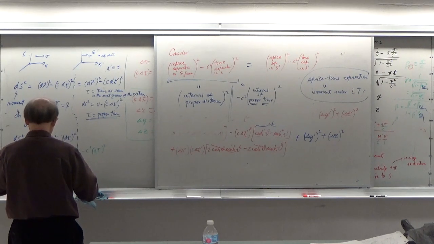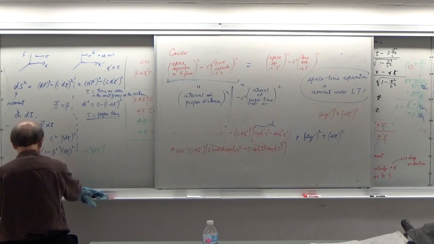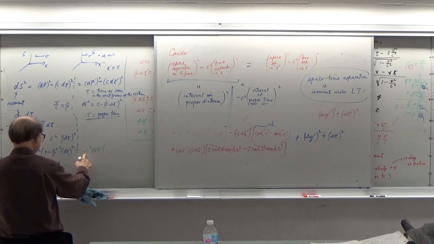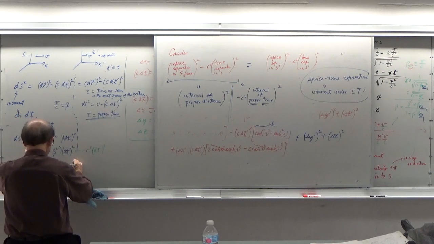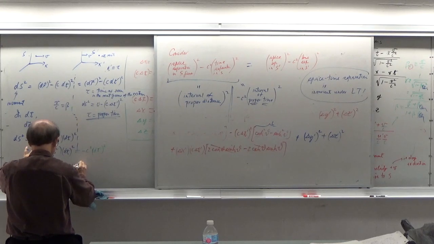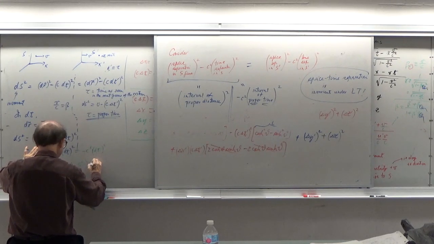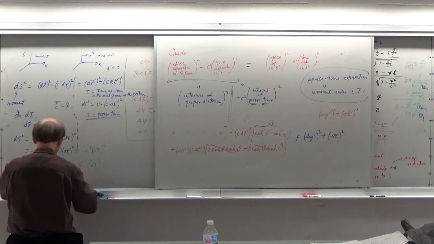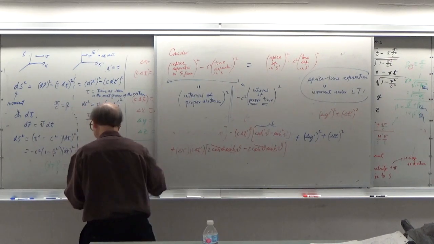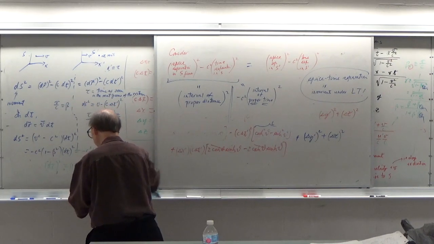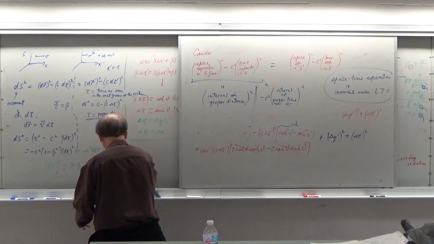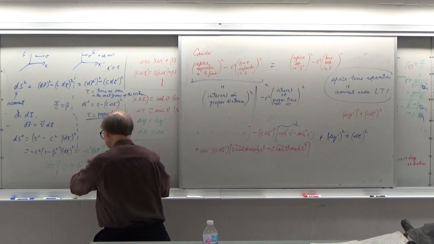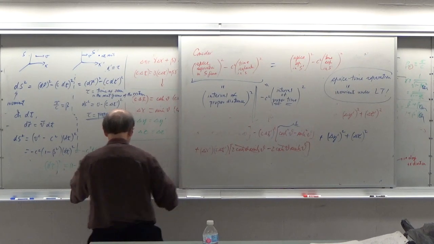So that I have d tau squared. If I take out minus c squared, it is equal to 1 minus beta squared times dt squared. If I take the square root, that means d tau is equal to the square root of 1 minus beta squared times dt.